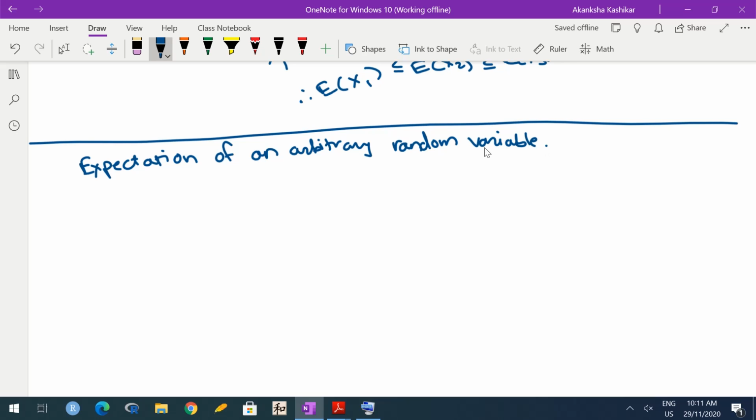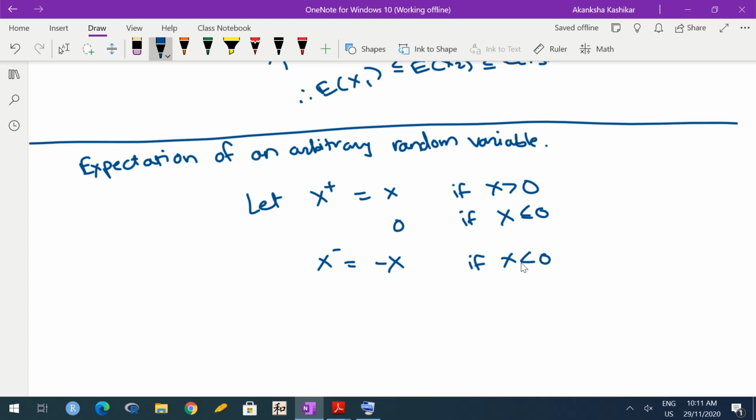So here we are going to make use of the positive and negative parts that we defined last time. So let x plus be positive part of x. So x plus is x if x is positive, and it is 0 if x is negative or 0. Similarly, x minus is minus of x if x is negative, and it is 0 if x is positive.